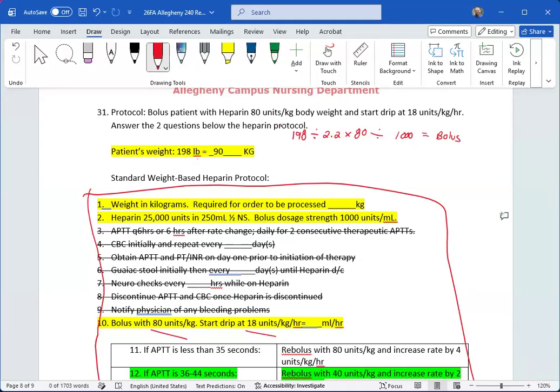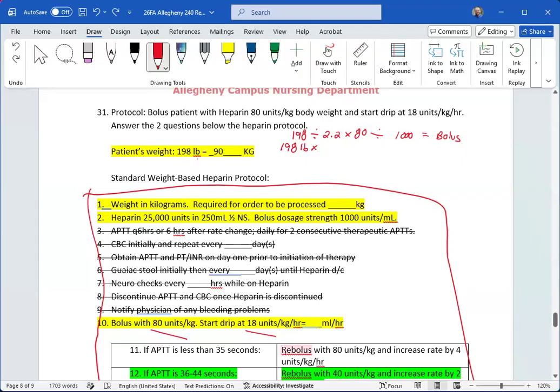So what did I actually do there? I took 198 pounds times my 1 kg. I don't know what happened there. Let's see if I can undo. There we go. I don't know why that disappeared on me. All right.